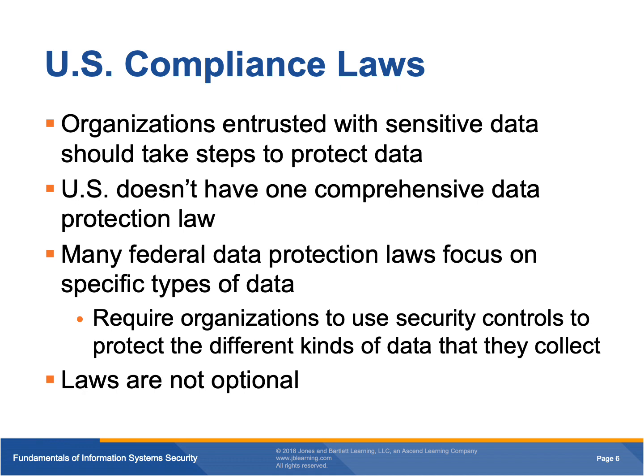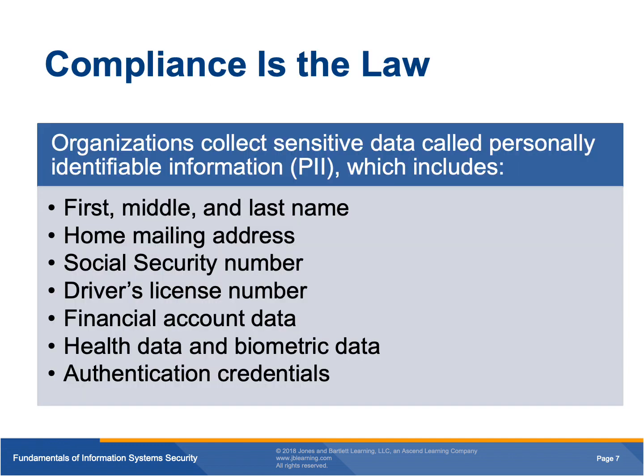I do want to remind you that respecting laws is not an option. It's a legal obligation to respect the law. So, as it relates to personally identifiable information, PII, we need to comply with the different regulations in this regard.